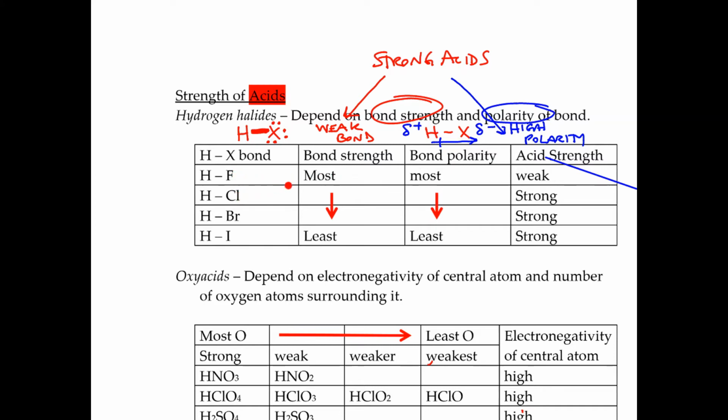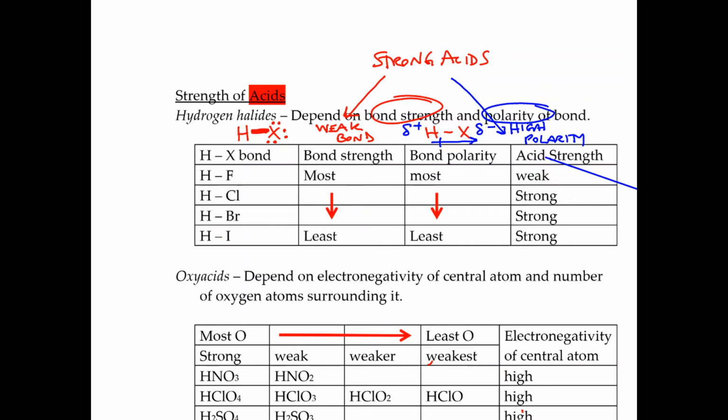Now HCl, the bond strength decreases while still being fairly polar, and that combo contributes to HCl being a strong acid. And then the H-Br bond is even weaker and not as polar, but because it is a weak enough bond, this can break as well, and the same thing with the iodide.